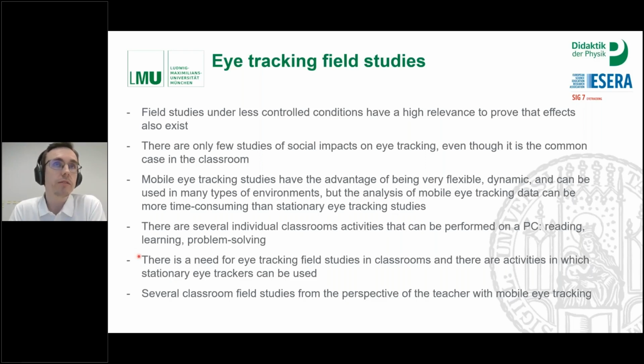There are few eye tracking studies where the social impacts, one additional aspect to consider, play a role. But that is a very common case, and so it most likely affects the results very strongly.